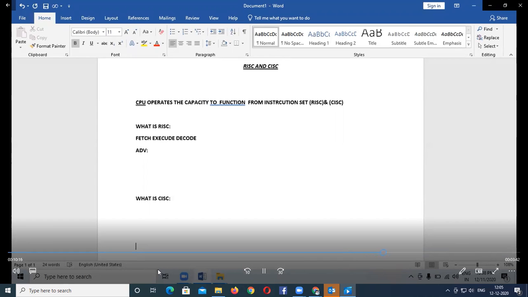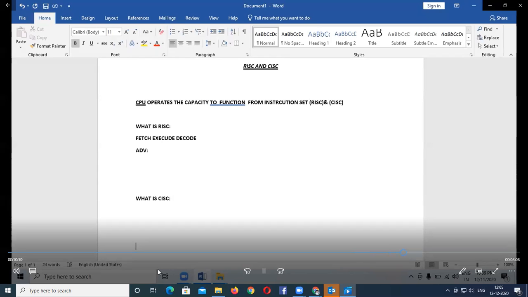The CISC processor has complex instructions that take multiple clock cycles for execution. In RISC, the performance is optimized with more focus on software, but in CISC, the performance is optimized with more focus on hardware. So this is a difference, also the full forms, you know very well now, RISC and CISC.